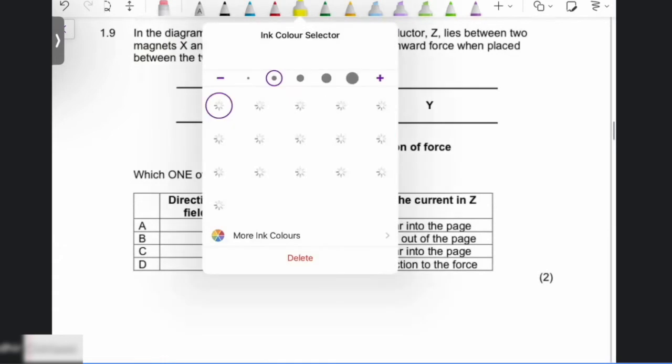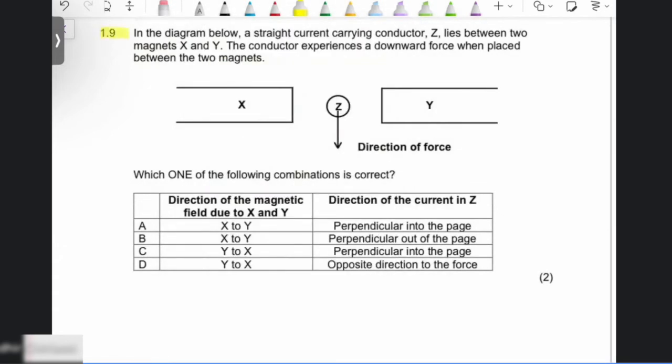All right, 1.9. It says in the diagram below, a straight current carrying conductor Z lies between 2 magnets X and Y. The conductor experiences a downward force when placed between the 2 magnets. Okay, so first up, a little bit of our knowledge on electromagnetism needs to come through.